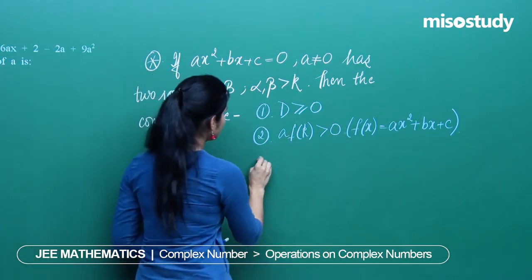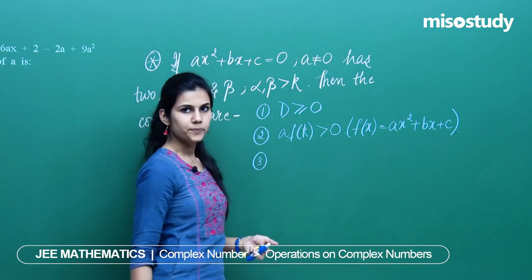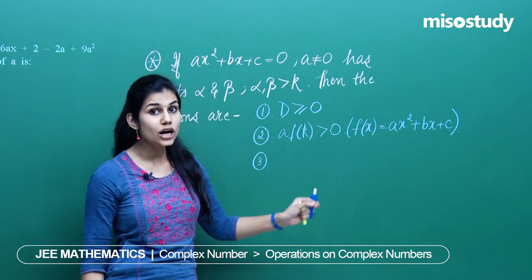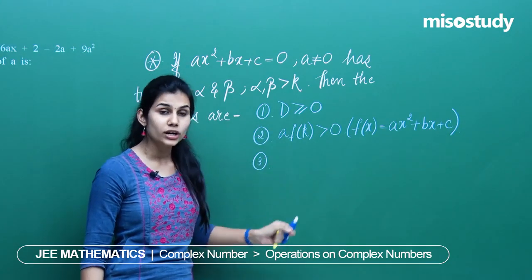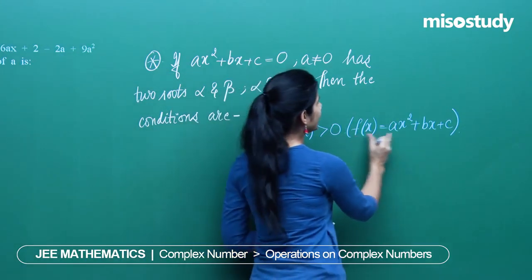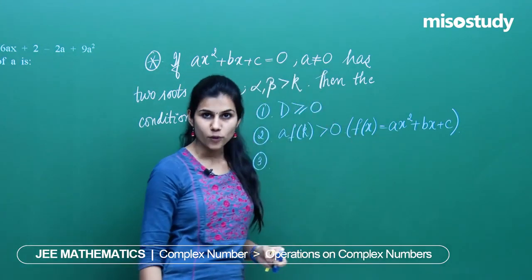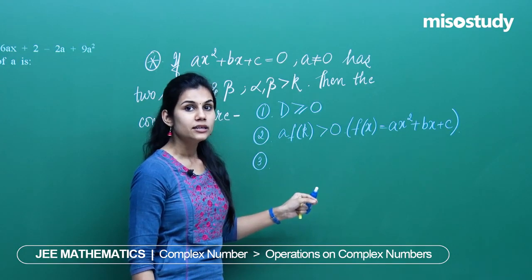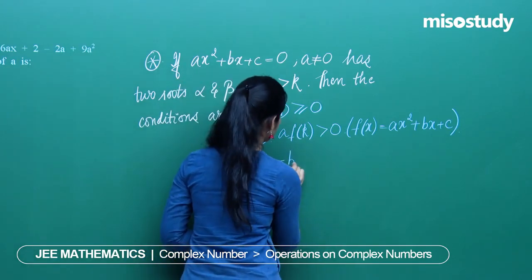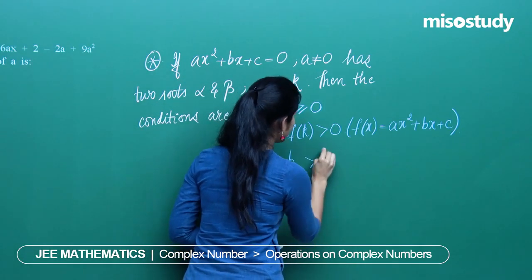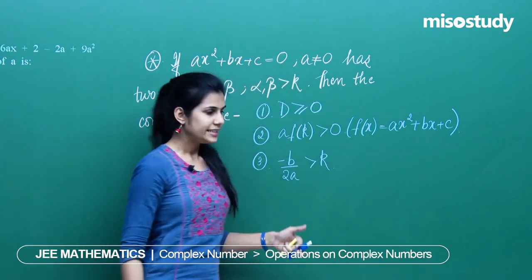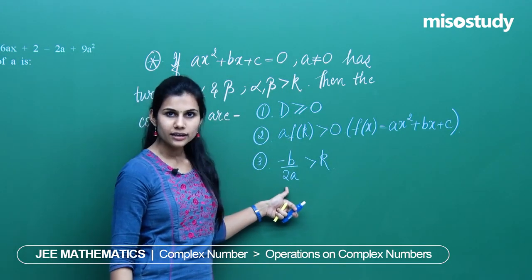Fine. And the third condition was what? It was that the abscissa of the vertex of the parabola being represented by this particular quadratic polynomial should be greater than k. The abscissa of the vertex is this only, right?